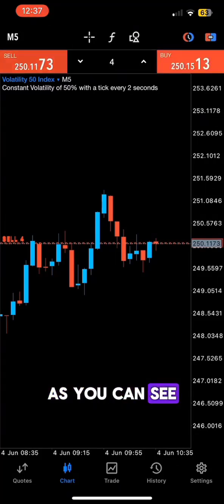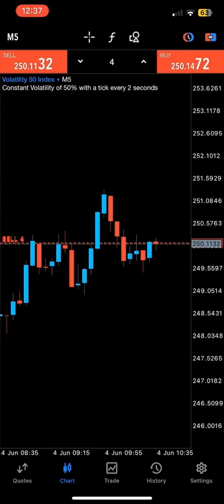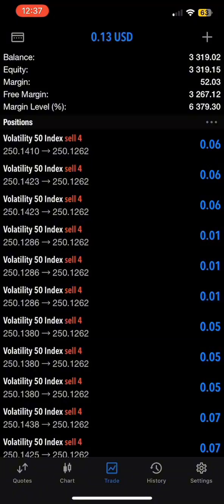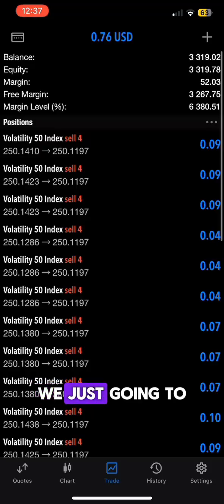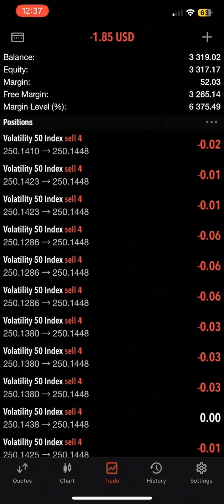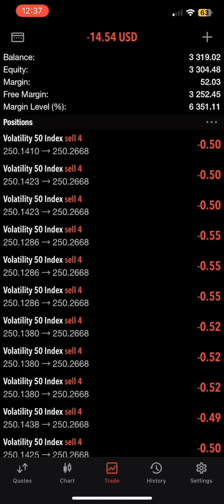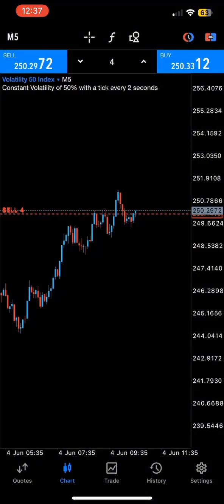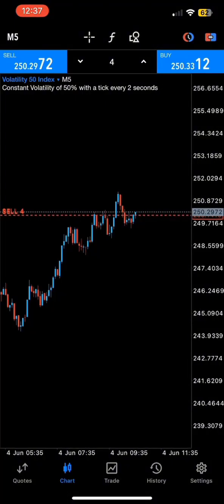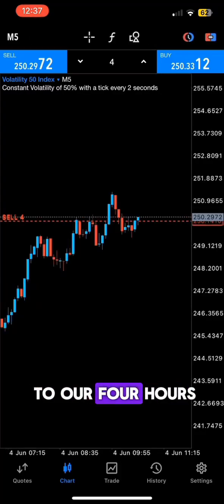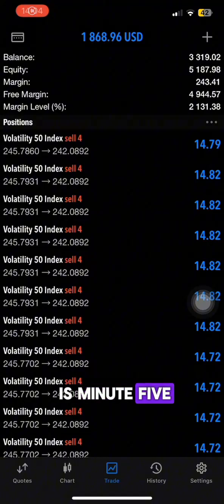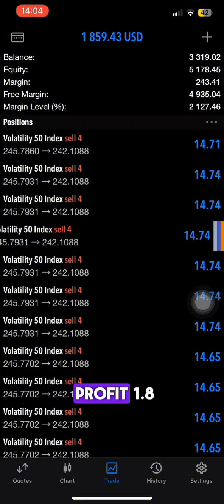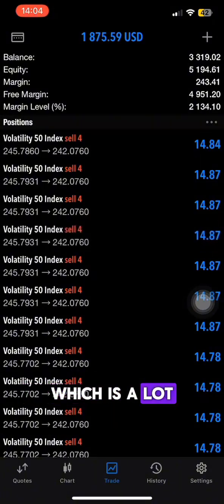As you can see, right now we are in loss. However, we're just going to continue holding. So let's go back to our 4 hours so that we can see clearly, because this is minute 5, and then after some time now we are in profit 1.8, which is a lot.